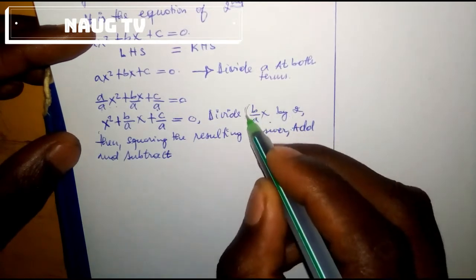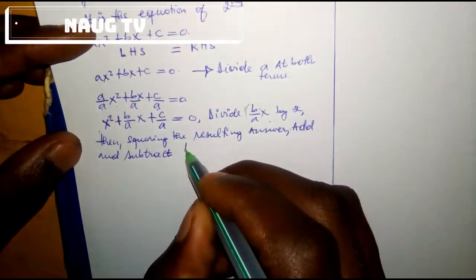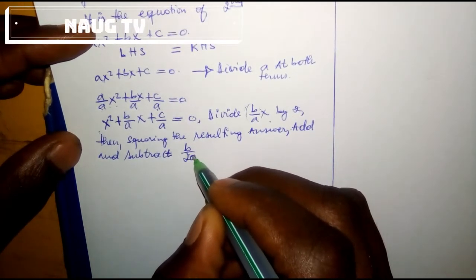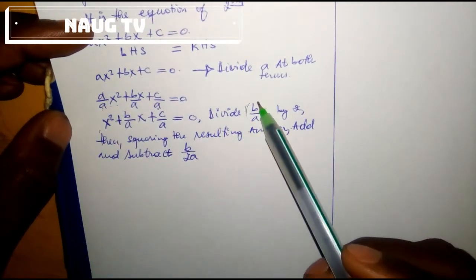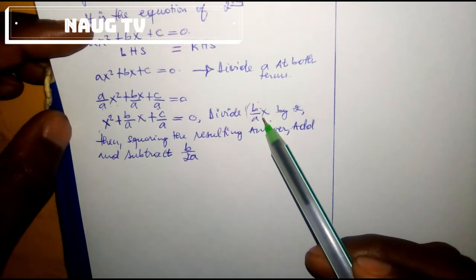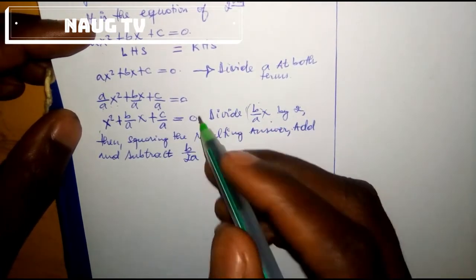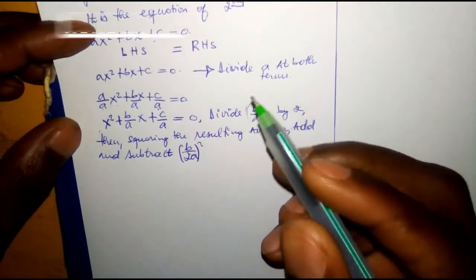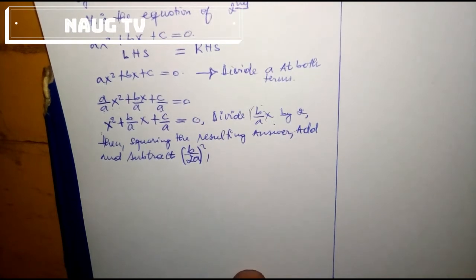That term is b over 2a, because when you take b over a x divided by 2, the answer would be this one, so I keep squared. Now, let's see how our equation will become.